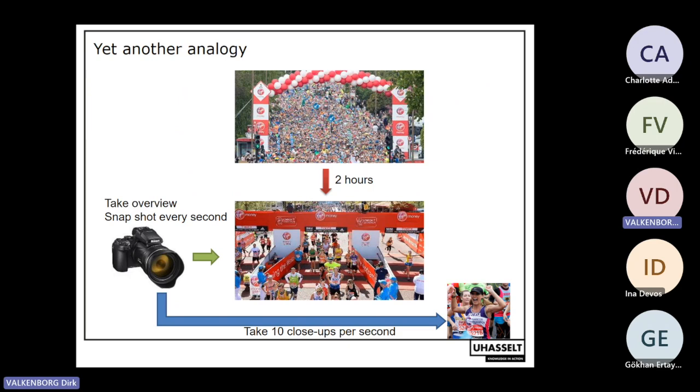A mass spectrometer can operate much faster than the chromatogram. Making a good chromatogram will take you 2 hours or sometimes 90 minutes. And the mass spectrometer can take these close-ups 10 for every second or even more nowadays. They can go up to 20, 30, 40 close-ups in a second.